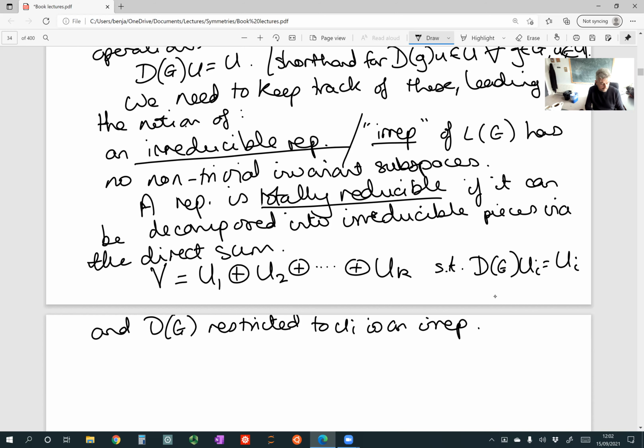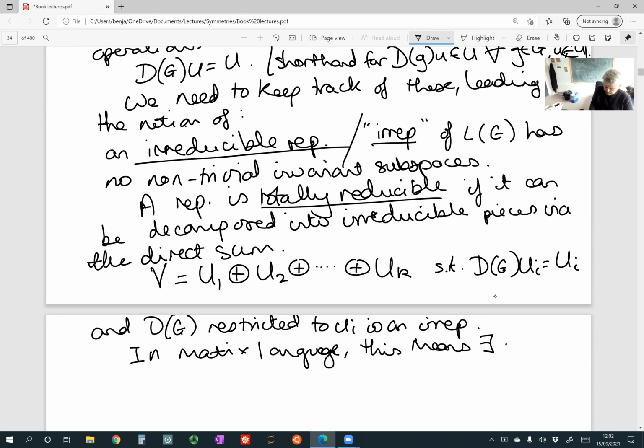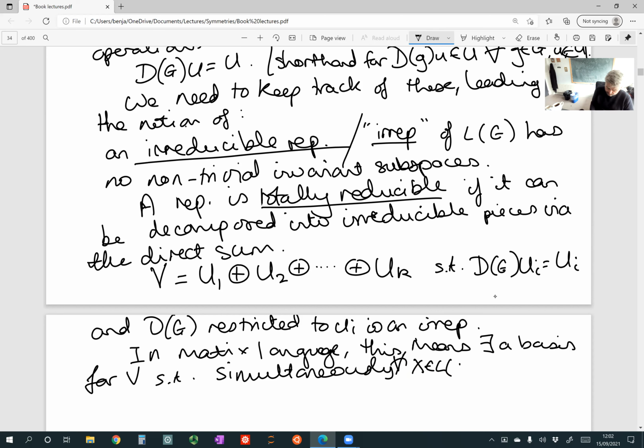So what does this look like in matrix language? This means that there exists a basis for V such that simultaneously for all g, I should say for all X in the Lie algebra, D(X) is block diagonal.